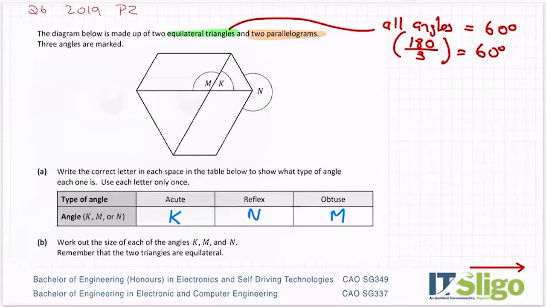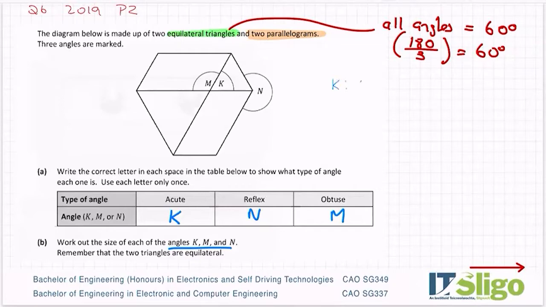It then says work out the size of each of the angles K, M, and N. Okay, so I'm going to do K first, because K is 60 degrees. I'm going to write out the answer as I would in an exam, so this is the type of exam answer I would give.